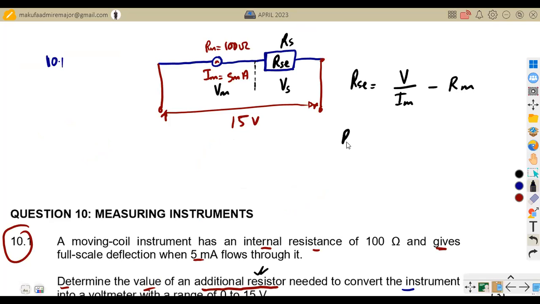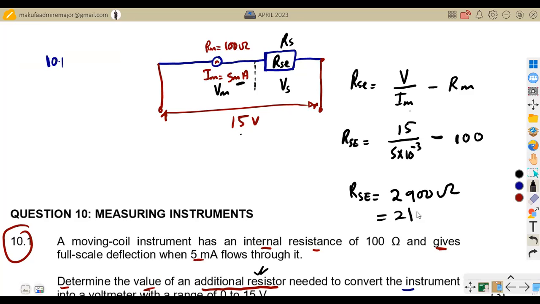So we can calculate our series resistor RS: V, the supply voltage of 15, over IM, the current across the meter at full scale deflection, 5 times 10 to the exponent of minus 3, minus RM, the resistance of the meter. From this formula, the series resistor is 2,900 ohms, which is 2.9 kilo ohms.